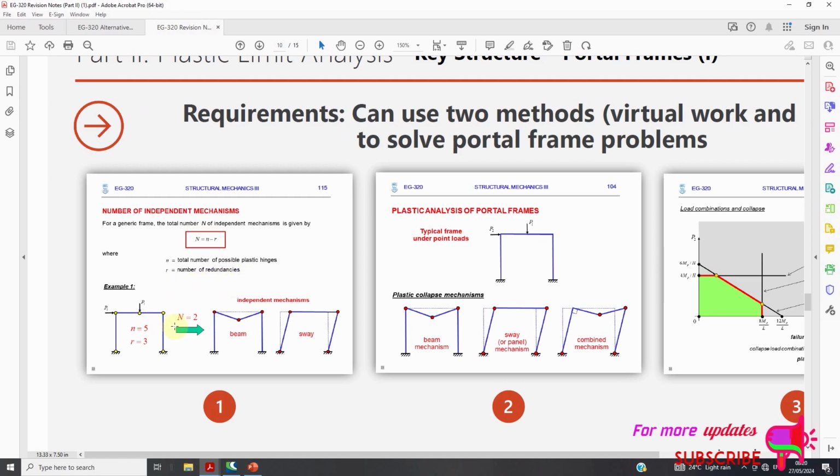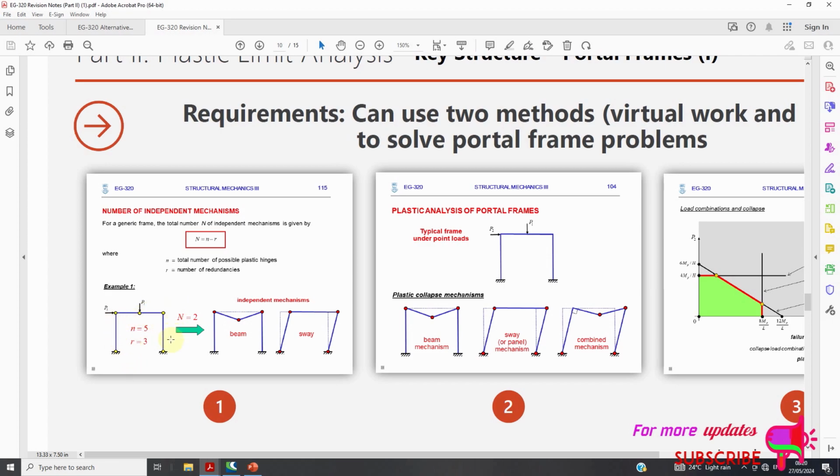So how many plastic hinges do we have? In this example we have 1, 2, which are marked with a yellow dot. 1, 2, 3, 4, 5. They are 5, marked with yellow circles.